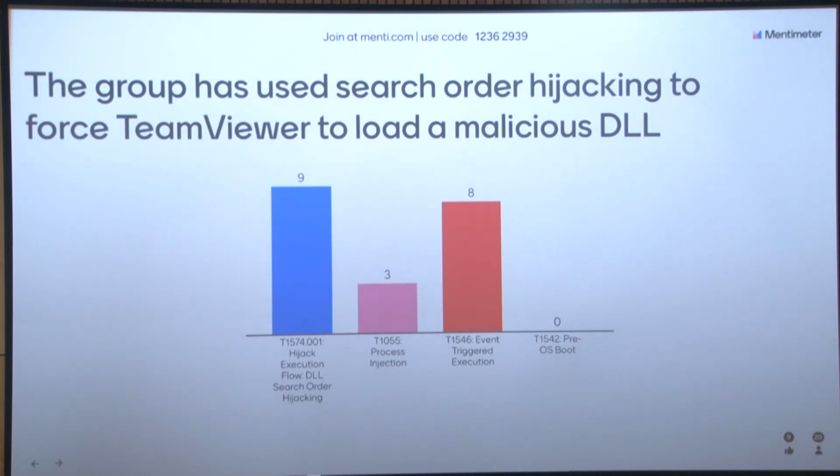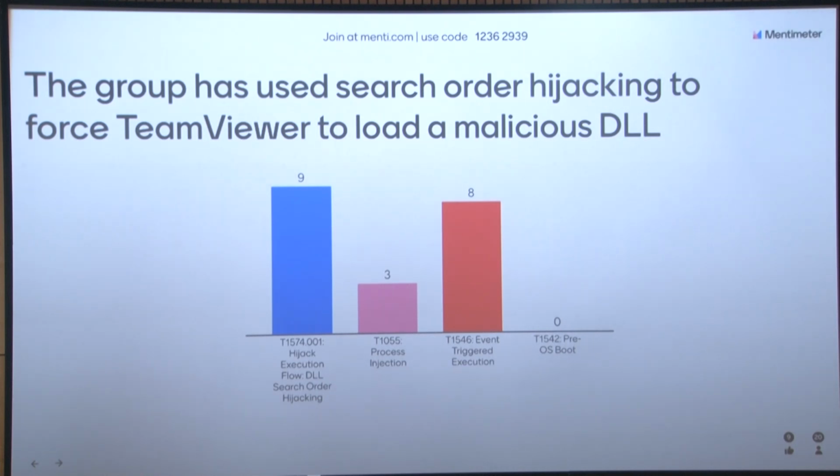What attackers do is place their own DLL with the same name. Assume for TeamViewer, there is one DLL named TeamViewer.dll, just for example. The attacker removes the original legitimate DLL and places their malicious TeamViewer.dll in the same folder, the path where the OS is going to search.